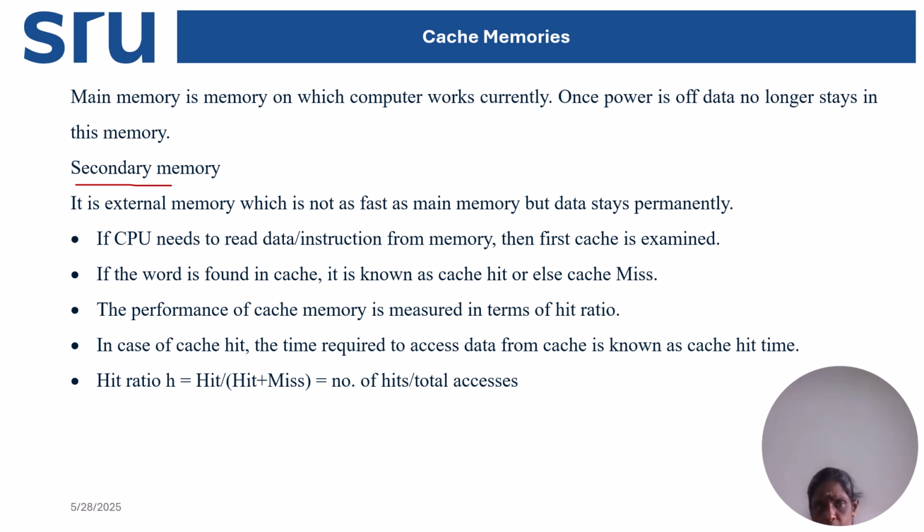So it is primary memory, main memory, and external memory, that is, external to the computer system, is secondary memory, and it is not as fast as main memory, but data stays permanently. And when compared to the processor speed or cache memory, the main memory speed is very slow. Even the secondary memory speed is still slower when compared to the main memory.